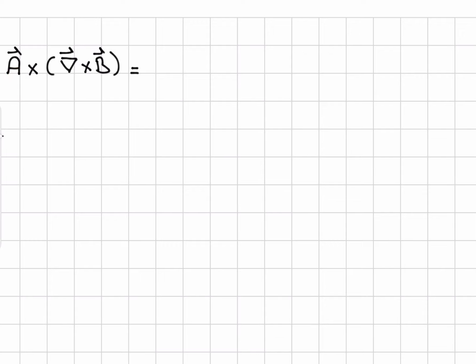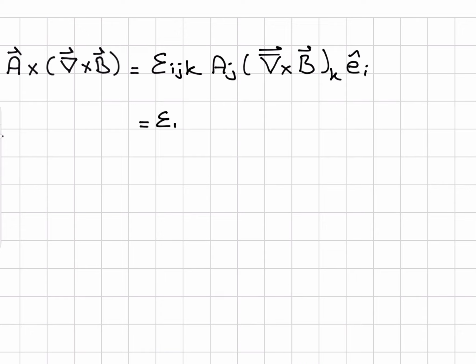So we have epsilon ijk, aj, k component of the second vector, which is curl B, k component in ei hat direction. And now we're going to open up the curl of B: epsilon ijk, aj.